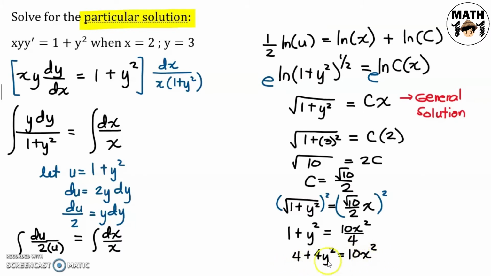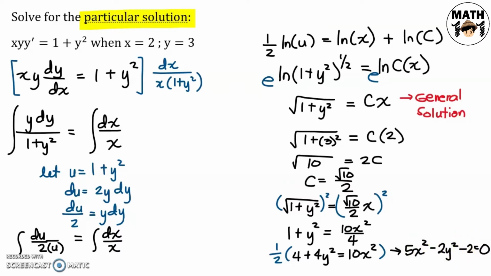Notice na common factor si 2. Dividing the whole equation by 2 and rearranging the equation na mauuna yung x, the particular solution of this differential equation is equal to 5x squared minus 2y squared minus 2 equals 0.